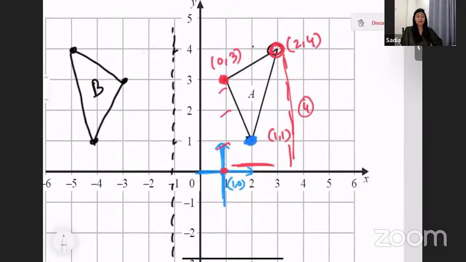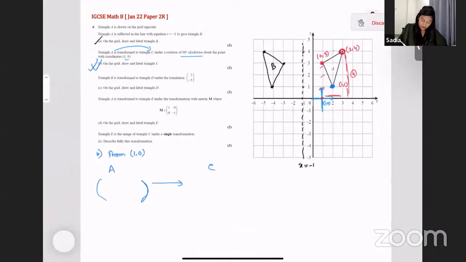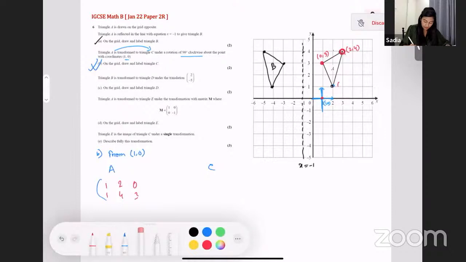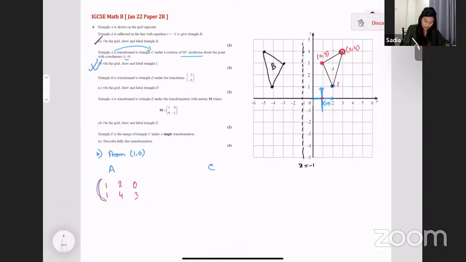So I have just calculated the coordinates from the new center. So I will just use these values here: 1, 1, 2, 4 and 0, 3. Remember, you need to solve this part B from the 1, 0 coordinate, and it's 90° clockwise rotation.